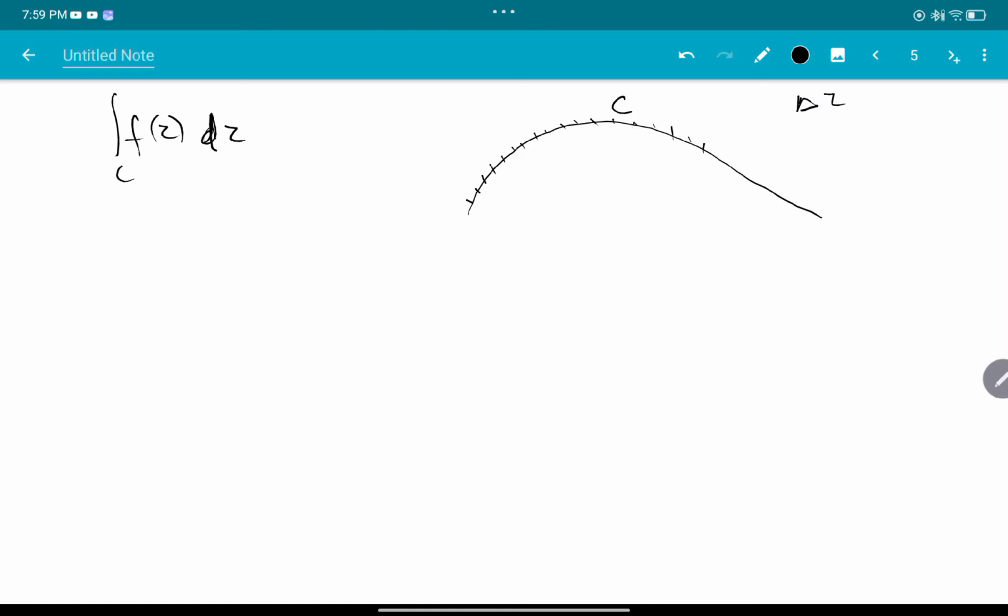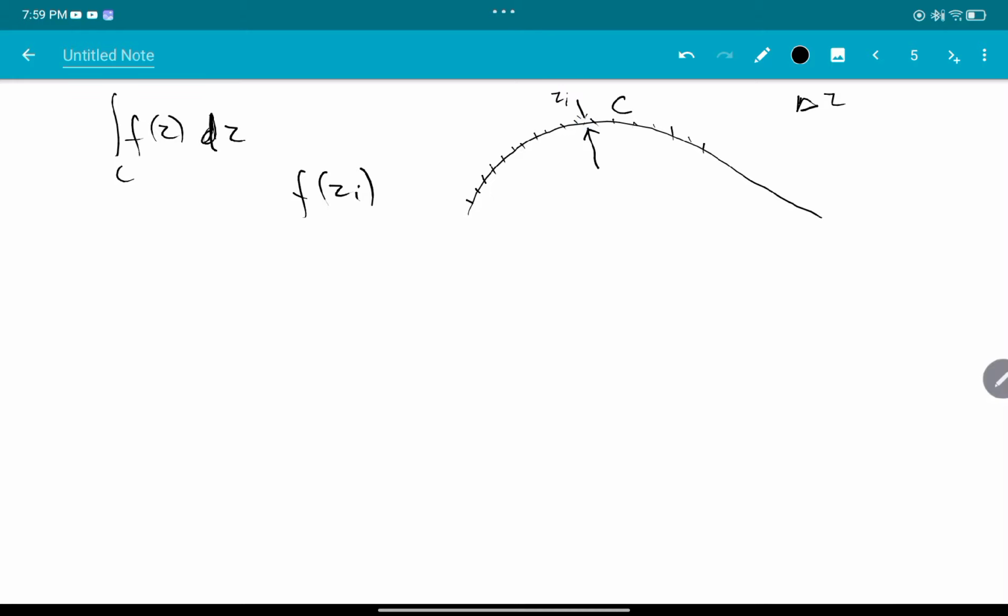Then we choose one such element, say this element, and let z_i be the value of z at this location, the central value of z here, and f(z_i) be the corresponding value of the function, that is, the value of the function at this point.